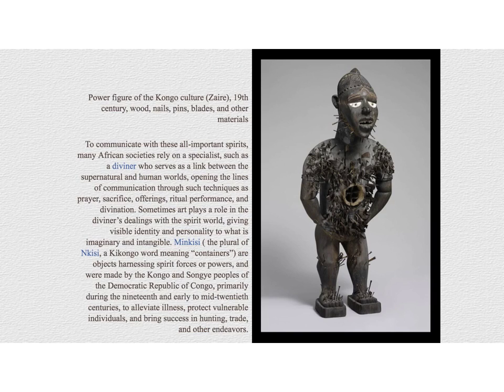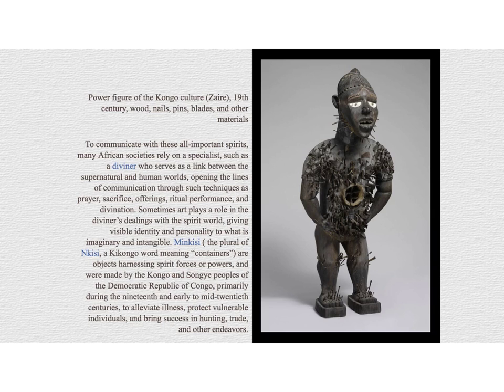All right, so let's talk about the power figure. Remember from what we've learned about African culture so far that to communicate with the spirit world, a lot of African societies relied on a specialist called a diviner. That person serves as a link between the supernatural and human world.